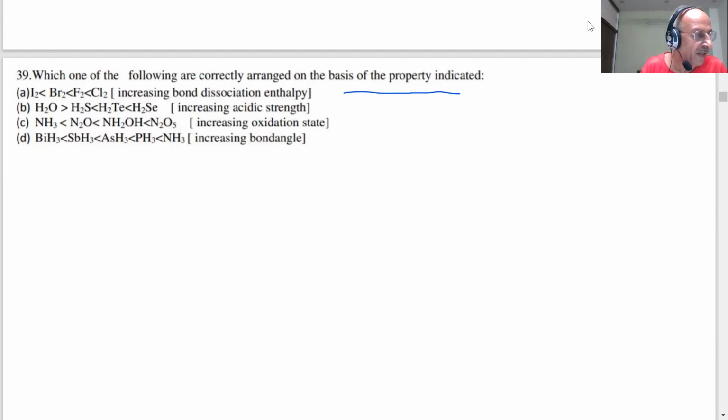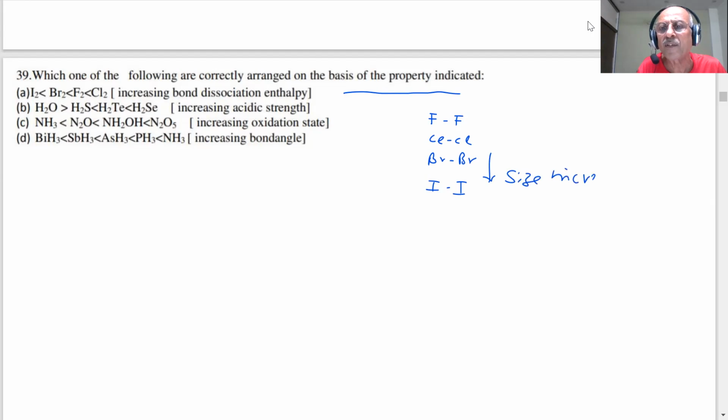What is the correct order? If you consider, students, F-F, Cl-Cl, Br-Br, and I-I, as you go down the group, the size increases. But we should expect then bond dissociation enthalpy to decrease.